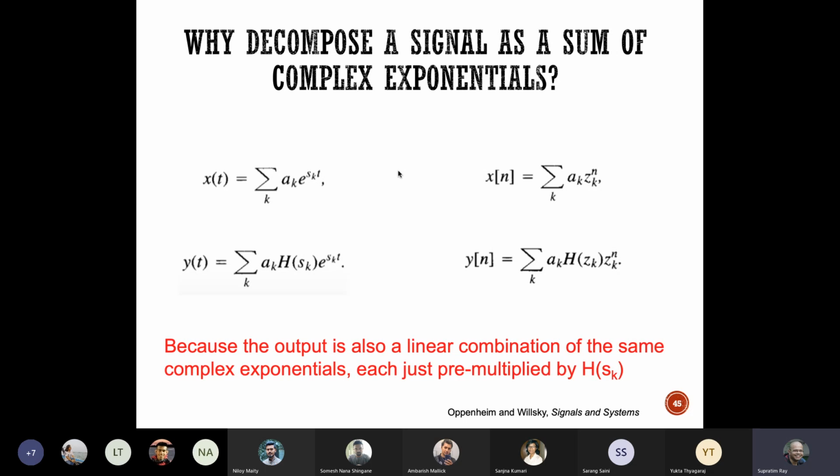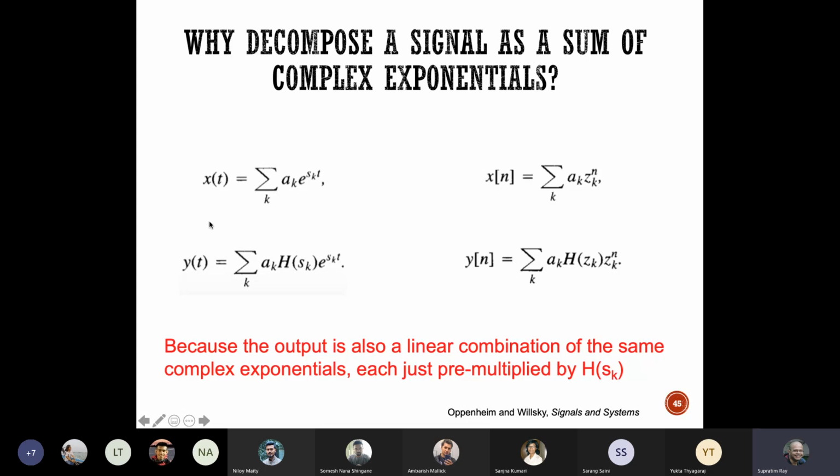They could be anything. So I ask: can I decompose my signal as a sum of complex exponentials like this? x(t) is not a complex exponential. It is anything you can think of. But can I always decompose it as a bunch of complex exponentials?